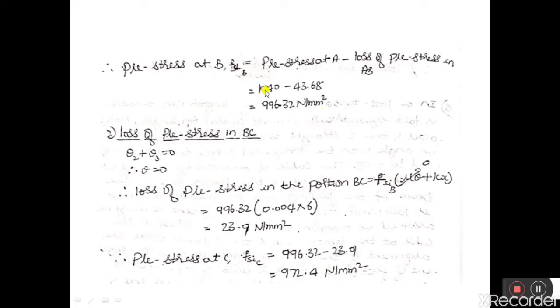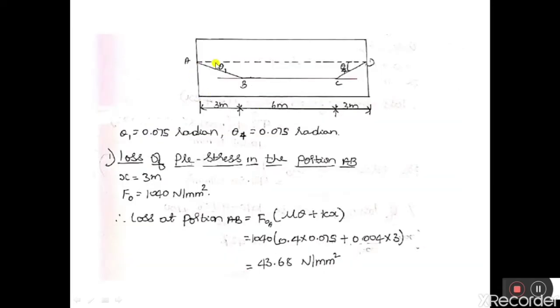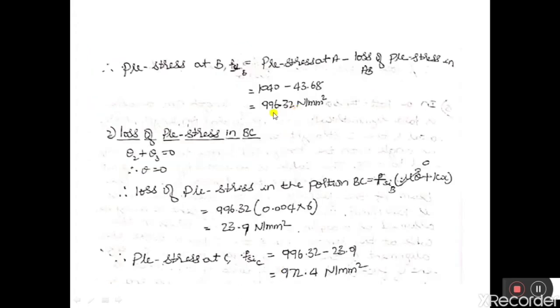The initial prestress at A was 1040 and the loss between A and B is 43.68. So the effective initial prestress at B will be 1040 minus 43.68, which is 996.32 Newton per mm square.